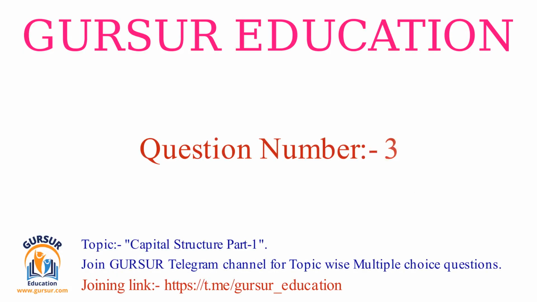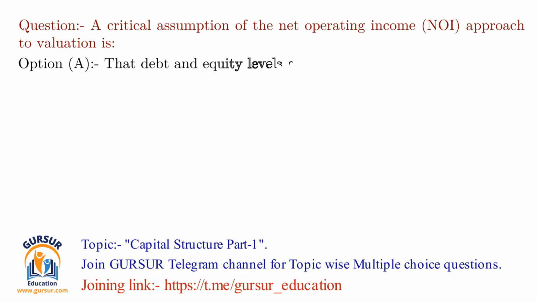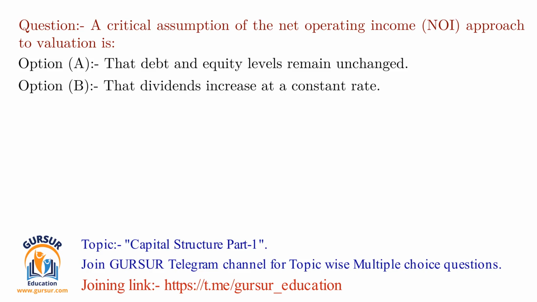The question number 3 is: a critical assumption of the net operating income approach to valuation is: option A, the debt and equity levels remain unchanged. Option B, that dividends increase at a constant rate.